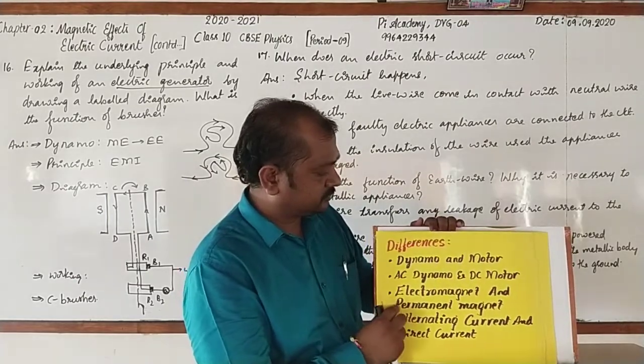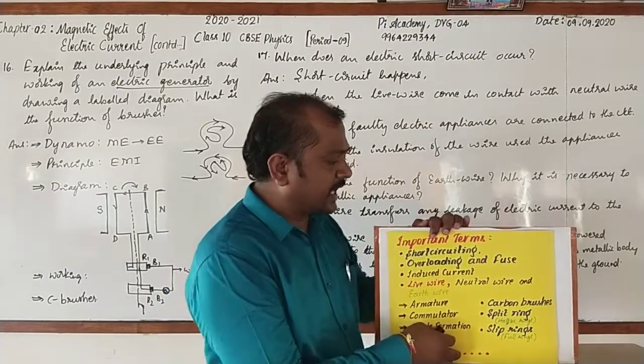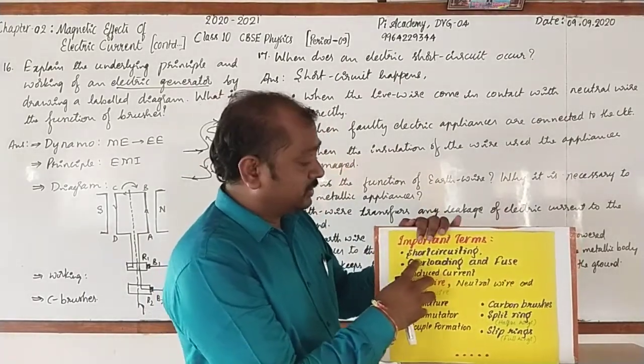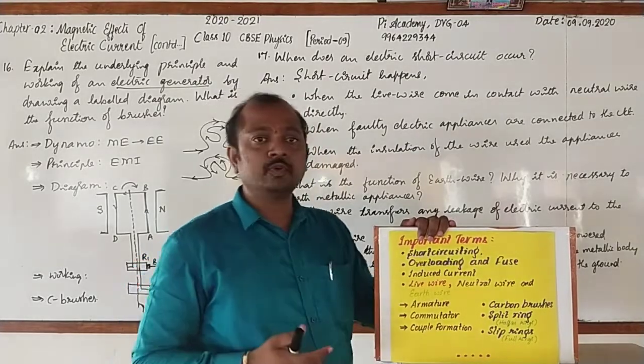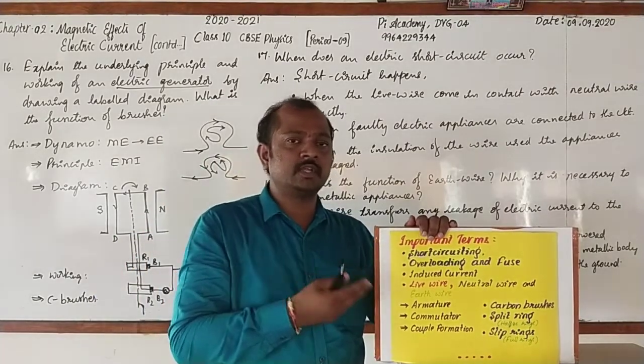Next, let's concentrate on some more important points. In the last part of the chapter, we come across these terms: short circuiting, overloading and fuse. Short circuiting, we have already come to know in today's period only.